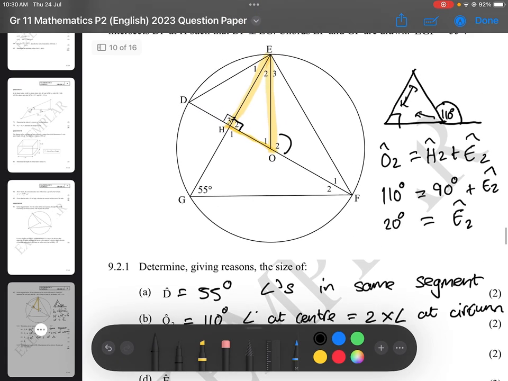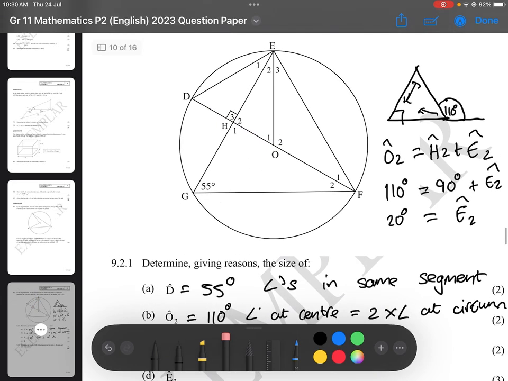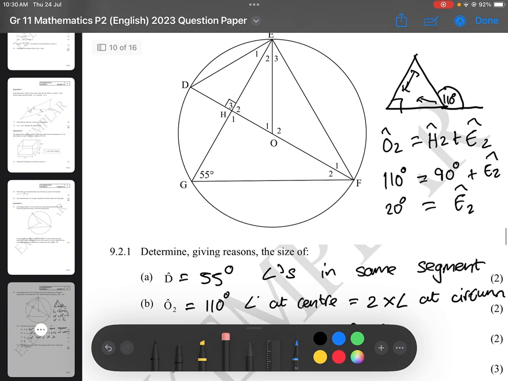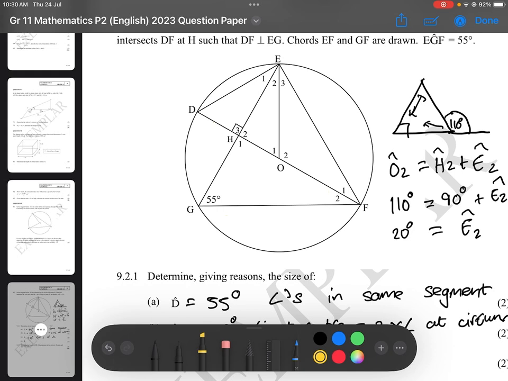Okay. And now lastly, they ask us to find E3. So how do we find E3? So if I look at this triangle, EOF, I can see that EO and OF are radii, so they are equal.